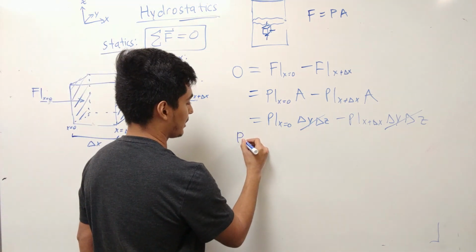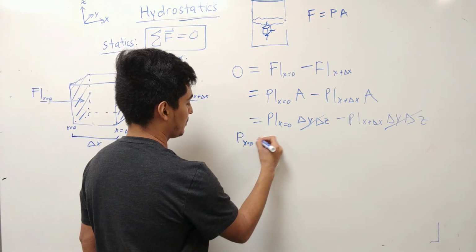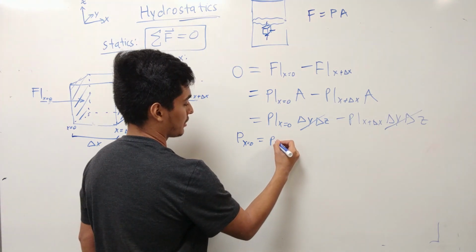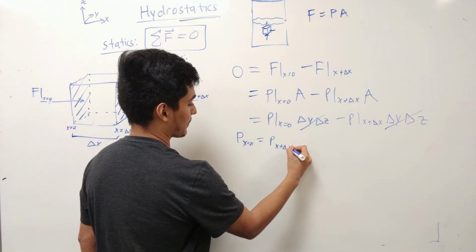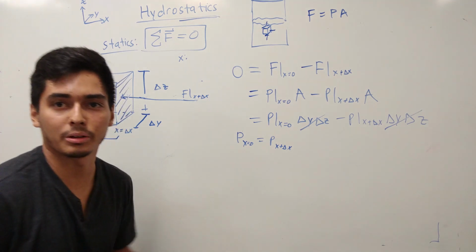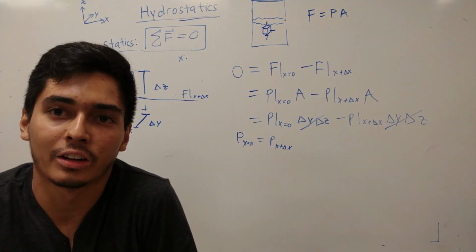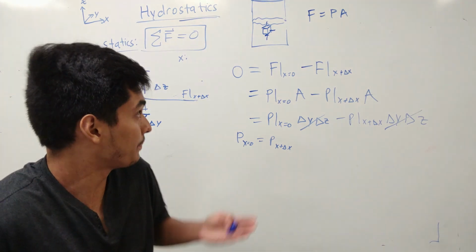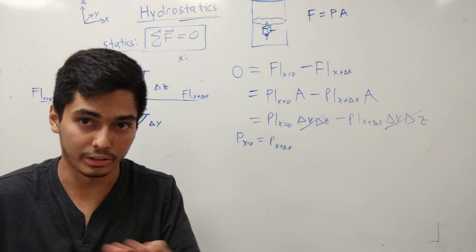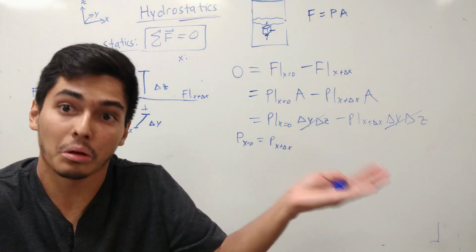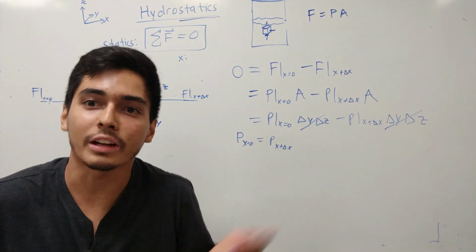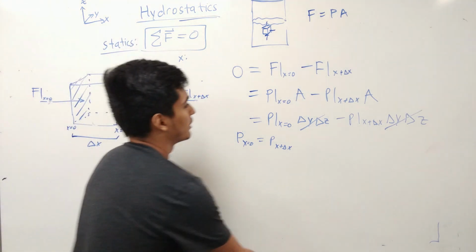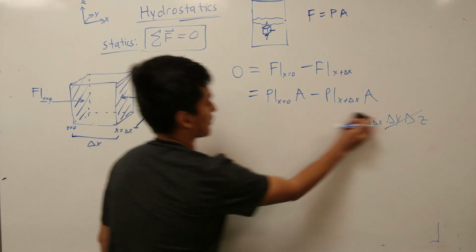So the pressure on the left at x equals 0 is equal to the pressure on the right at x plus delta x. Well, you're probably thinking, that's kind of pointless, because it kind of was, but it kind of wasn't, because we're really proving that the fluid is in equilibrium. It's hydrostatic. Hey, maybe that's why they call it hydrostatic. Sometimes even I wonder what I'm thinking.